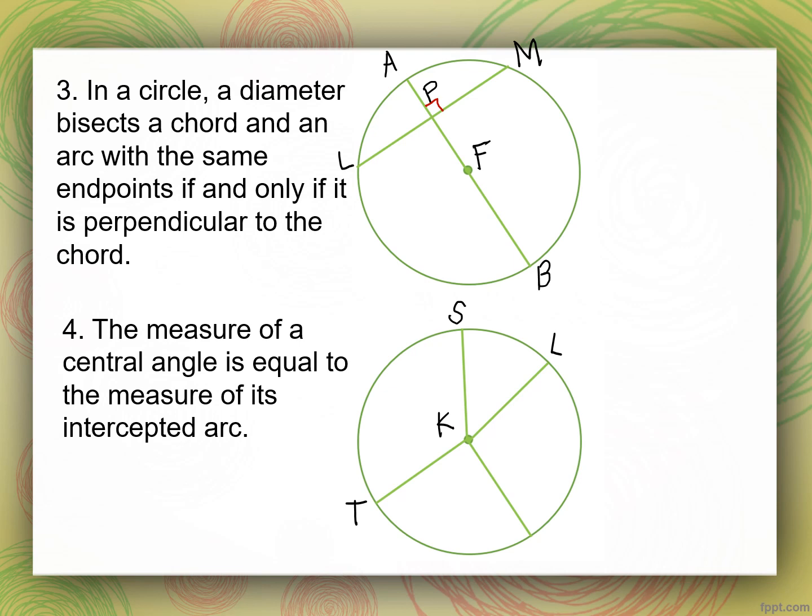So let's make some markings. Therefore, LP is congruent to PM. They have equal measure. The same thing with arc AL and arc AM. Let's write a statement for that.